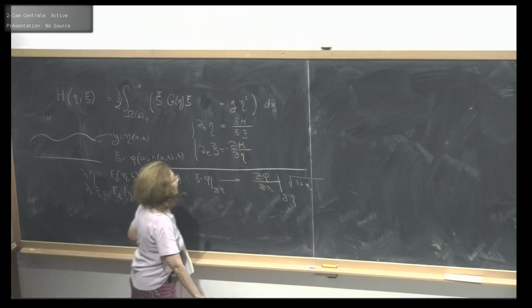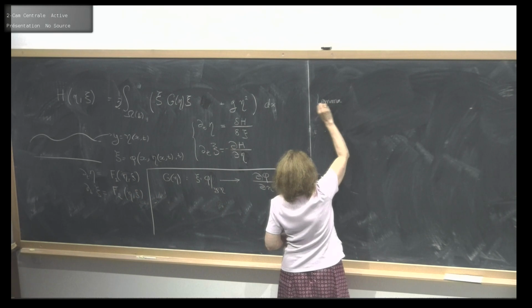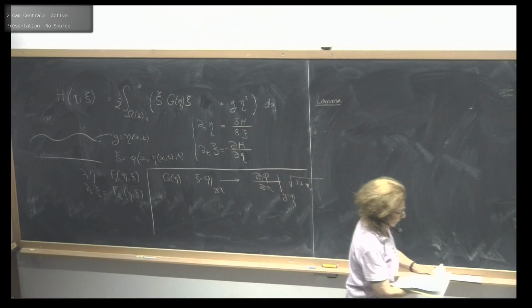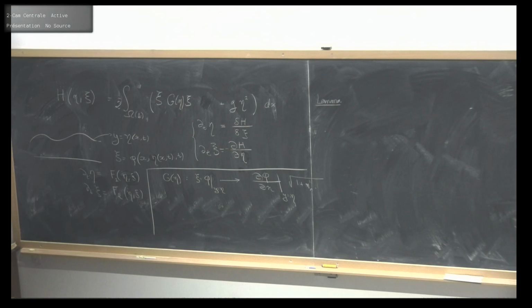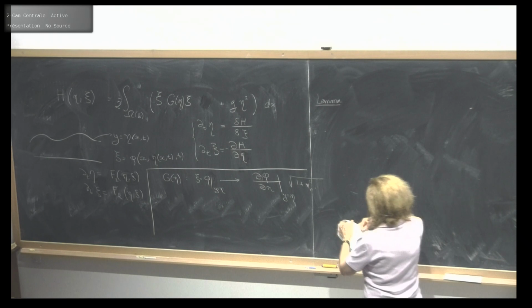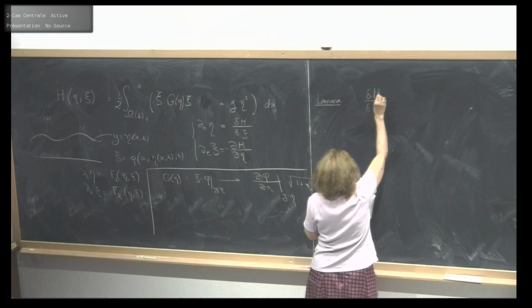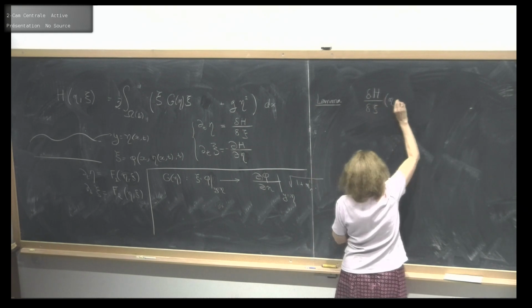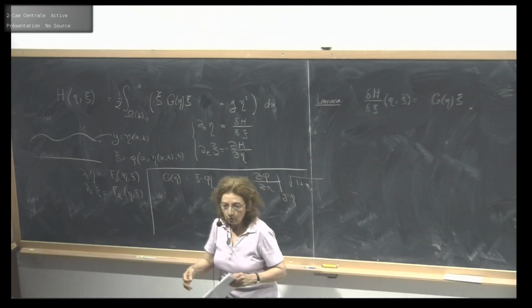Okay, so we are ready. The first lemma that we already established, but I will remind it, is that if I take the variational derivative with respect to xi of H, this identifies to G eta xi. The proof is simple.